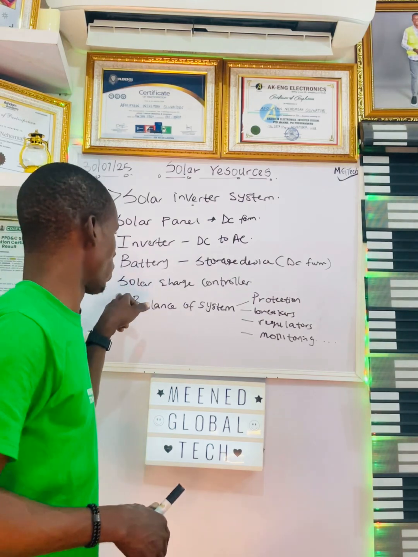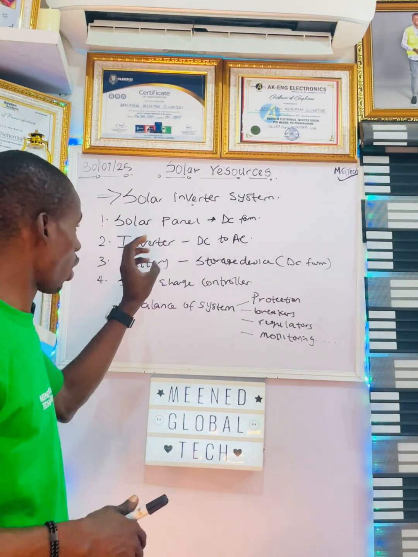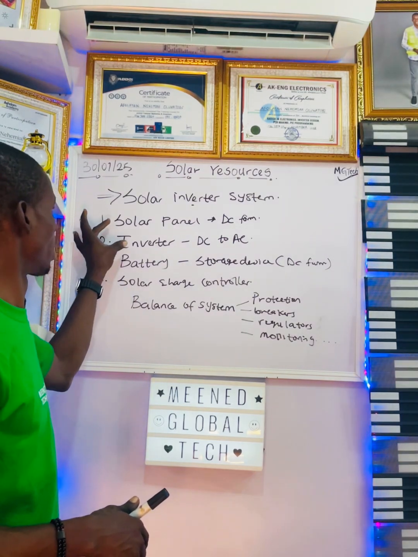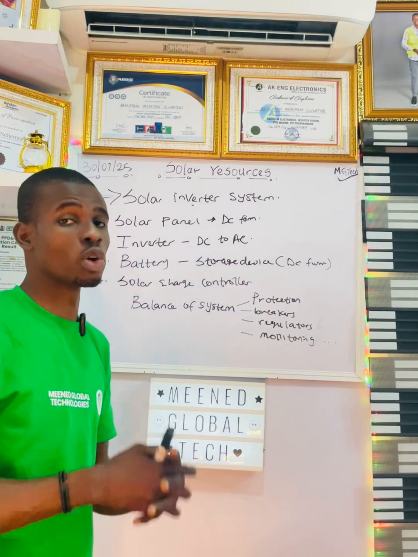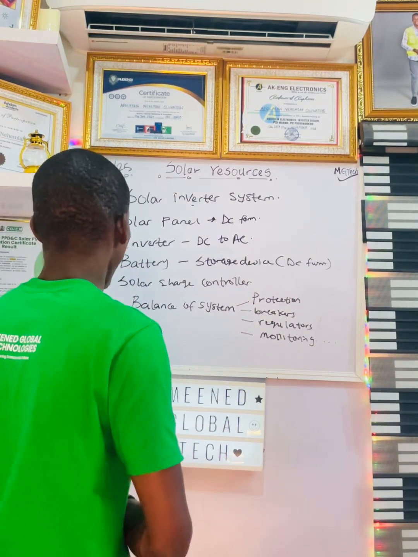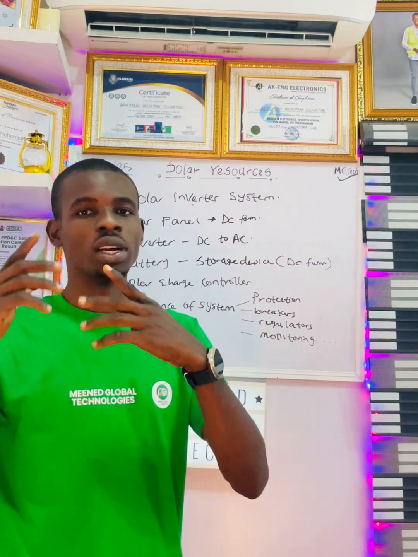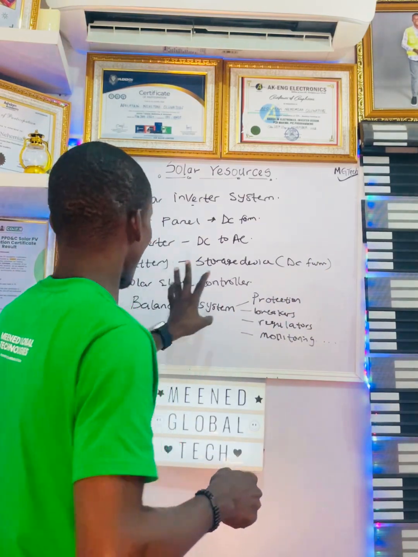Now, the fourth component, the solar charge controller. I call the solar charge controller the intermediary between the solar panel and the battery. What a solar charge controller does is prevent overcharging of the battery and prevent automatic discharge as well.